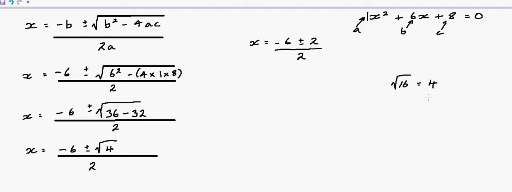But I also know that minus 4 times minus 4, 4 fours are 16, and the minus times a minus gives us plus 16, which is what we've got in here. So this is why the root of any number is always plus or minus. Okay? So this also means that we're going to get two different results, okay? Because 2 is going to be worth plus 2 and minus 2, okay?